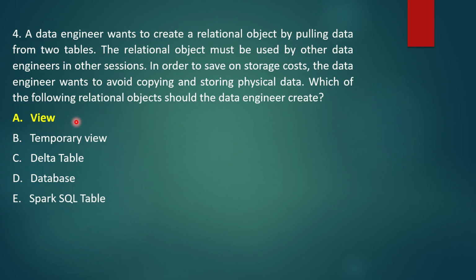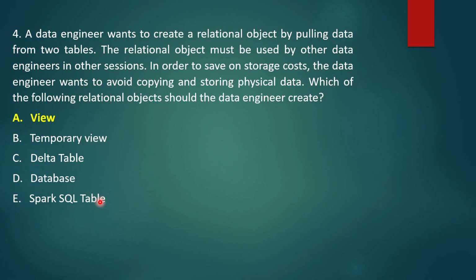It saves storage also. Coming to temporary view, it exists only for the current Spark session and is automatically discarded when the session ends. It does not store data physically. Delta table is a physical table with the data stored in Delta Lake format. Database is a namespace or container for tables and views.